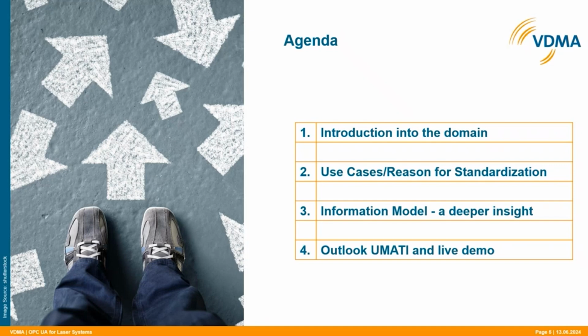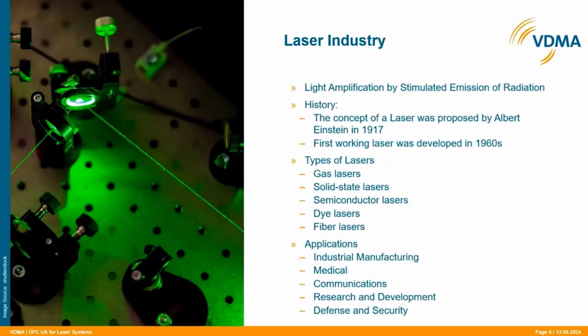In a few slides, I will also want to give a brief insight into how OPC UA serves as the basis of a global production language and what the goals are. After the background, I will give an overview of the use cases and the reason for standardization. Josef will give, from his industry perspective, a deeper insight into the information model and an outlook of UMATI and a live demo.